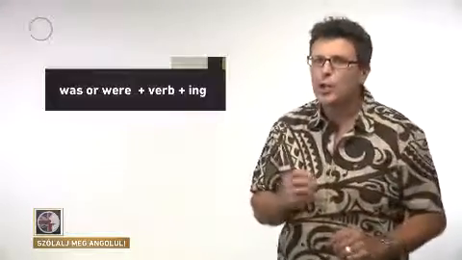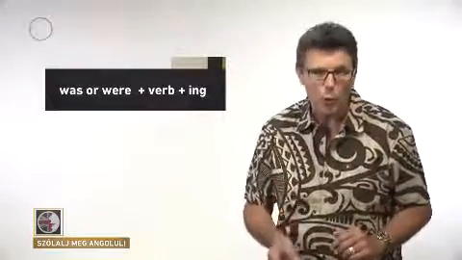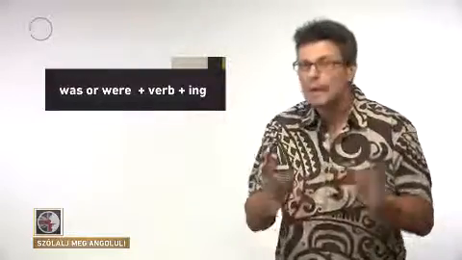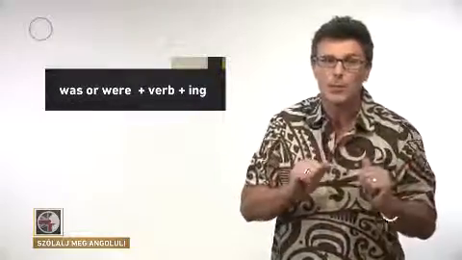Okay, so yesterday, the last thing we looked at was the form of the past continuous, wasn't it? We looked at the fact that we make the past continuous by taking a subject, I, you, Alfredo, then picking the correct form of the past simple form of the verb to be. We have to choose between was and were.